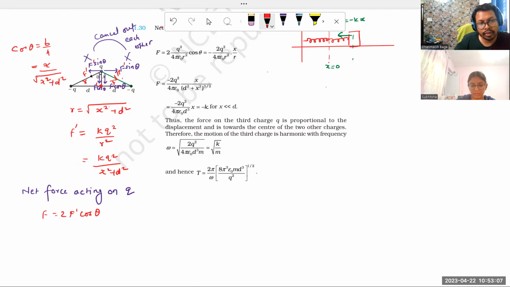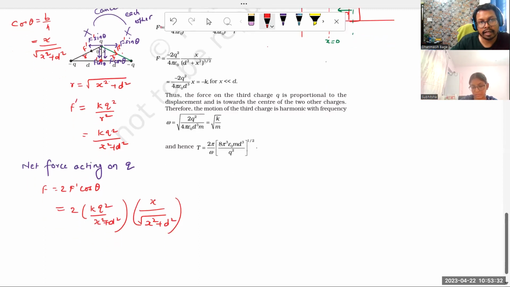This is what they have done, nothing else. Right here, F dash is equal to 2kq square by x square plus d square, and cos theta is equal to X by root over x square plus d square.